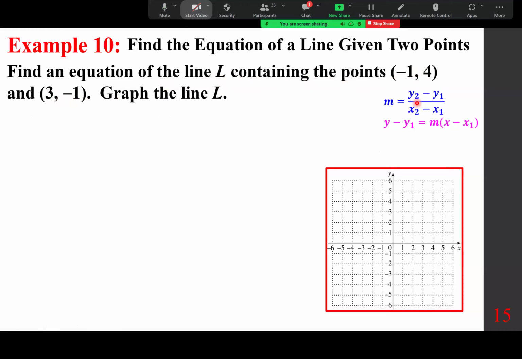So -1 - 4 over 3 minus -1. This is -5, and this is +4. You can put the negative sign at the top, the bottom, or in front of the fraction bar. I'm going to use the form y minus y1.